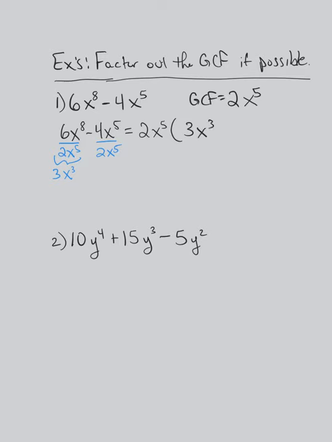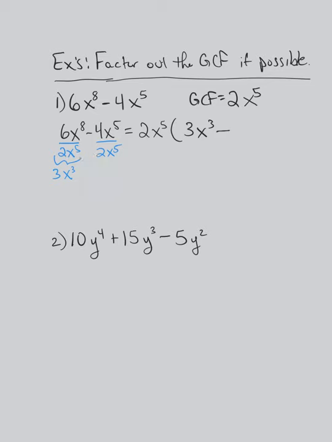Now I come to this second one, and I do 4x to the fifth minus 2x to the fifth. One thing I forgot to point out is that this problem had a subtraction in the middle, so that'll stay there. Now we go to that second part, and we do 4x to the fifth divided by 2x to the fifth.